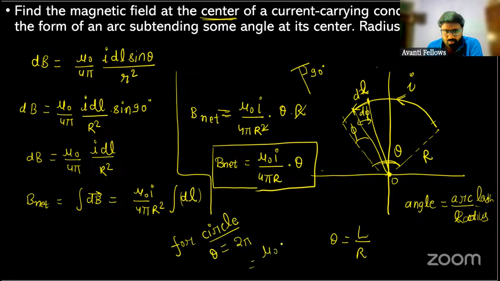So you will have mu naught I upon 2r. Very good to all of you who have responded. One thing you need to remember in this is that you always need to put the value of the angle in terms of pi, not in terms of degrees. So when I talk about the angle for a complete circle, you need to put theta equal to 2 pi, not 360 degrees.